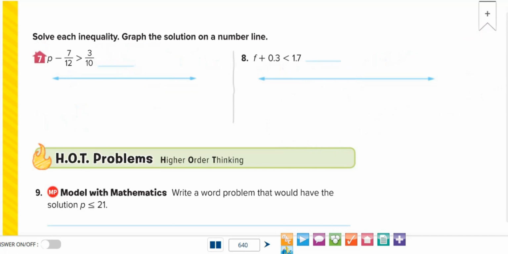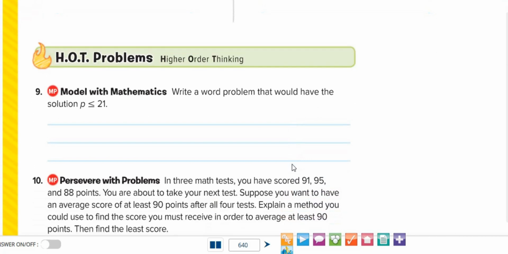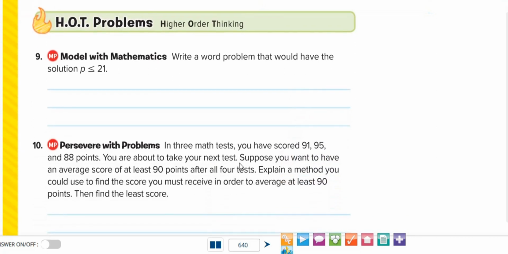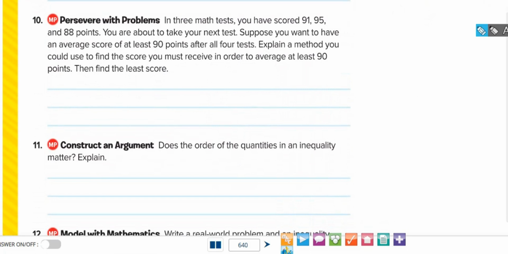Now moving on. Problem number 10. In 3 math tests, you have scored 91, 95, 88 points. You are about to take your next test, the 4th test.